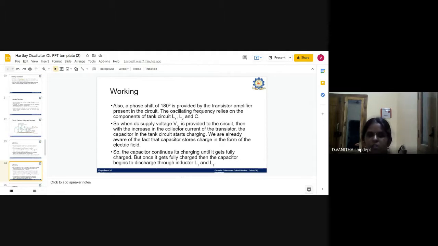The oscillating frequency relies on the components of the tank circuit like L1, L2 and the capacitance. When DC voltage is provided to the circuit, there will be an increase in the collector current of the transistor. The capacitor in the tank circuit starts charging.